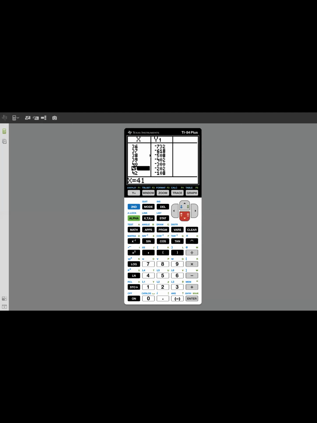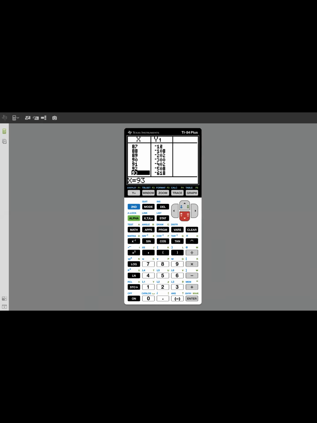I'm just getting a feel for how large the Y values might get and how small they might get. See how the values kind of peaked right there at 950. I want to make sure that I can see at least that value for Y, and the values also go negative.